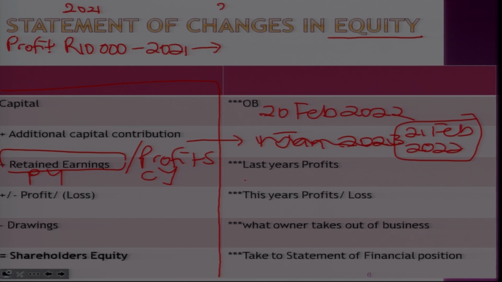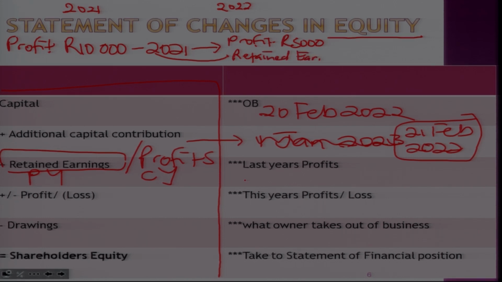In 2022, they'll tell you, you made profits of 5,000. Now, this profit that you made in 2021, you will also account for it, but you will not call it profit, you will call it retained earnings.